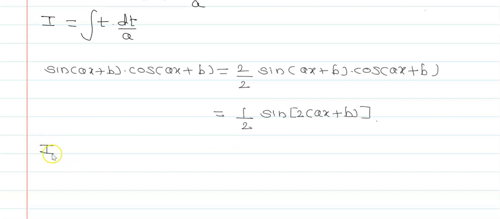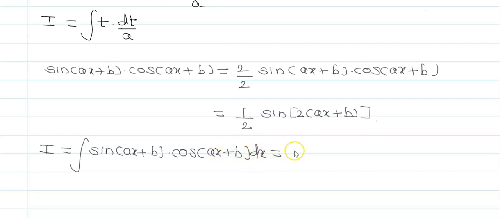That is, our integral I is equal to the integral of sine of (ax plus b) into cos of (ax plus b) into dx, and this is equal to 1 upon 2 integral of sine of 2(ax plus b) into dx.